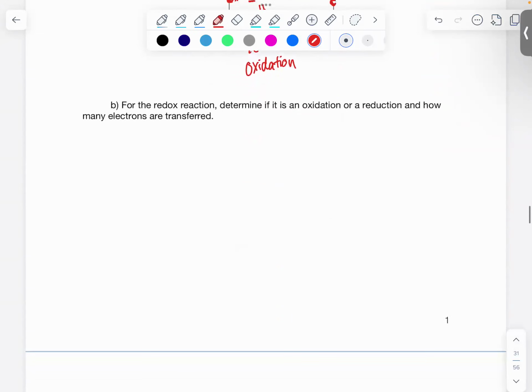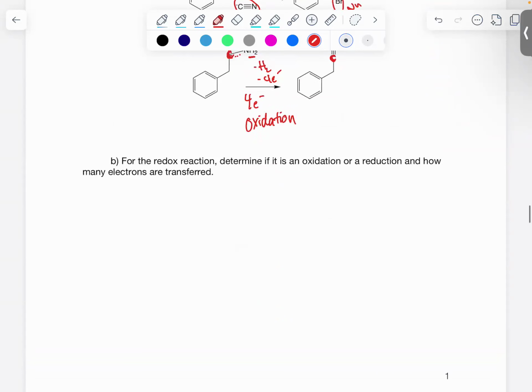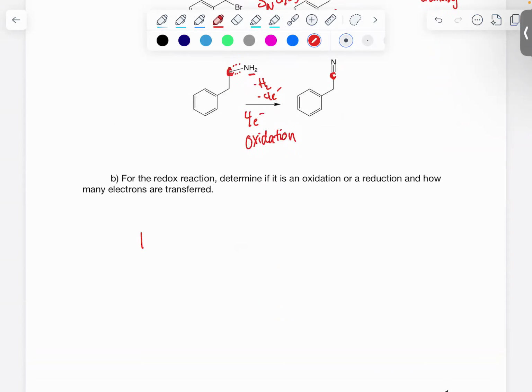And so how exactly can we determine that? Well, there's a bookkeeping method that we can use for oxidation and reduction reactions. So we'll start with drawing out our starting material.